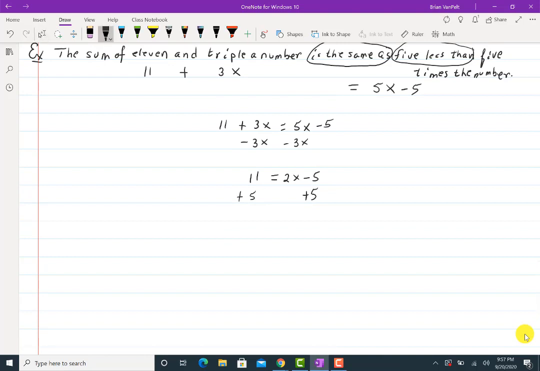And what do we have? We have 16 equals 2x. And I'm ready to finish it off now by dividing by 2. So x is equal to 8. So there's my equation, and there's the solution, or the answer at least.